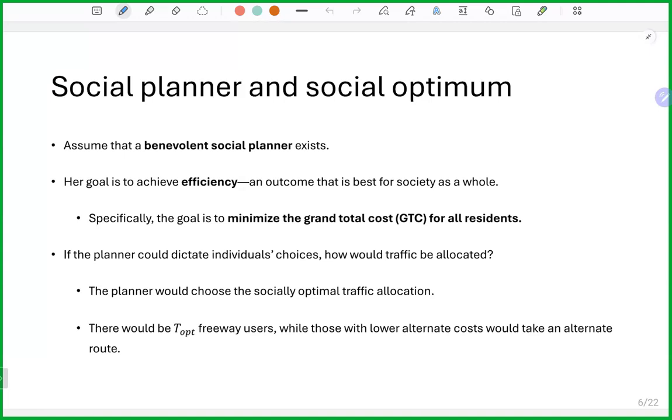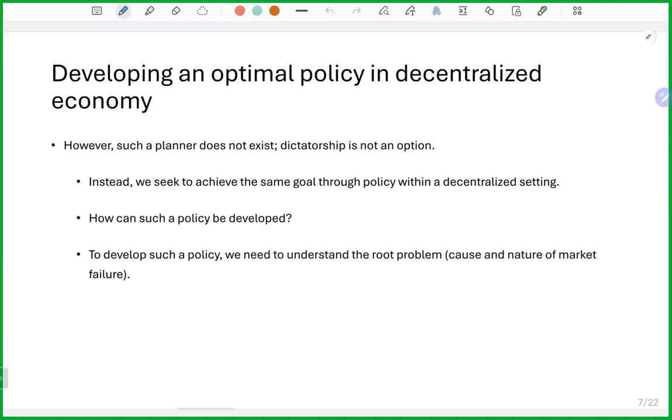So then we need a different approach to this problem. So what is the approach here? Let's read that. We need, therefore, to develop a policy in a decentralized economy. What do you mean by decentralization?